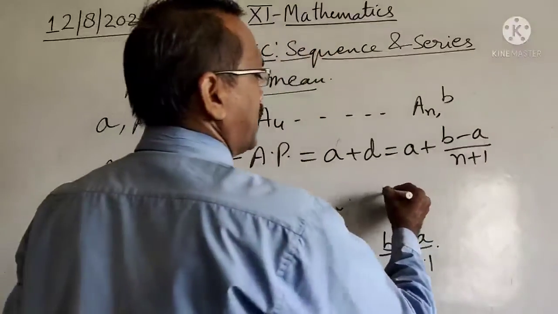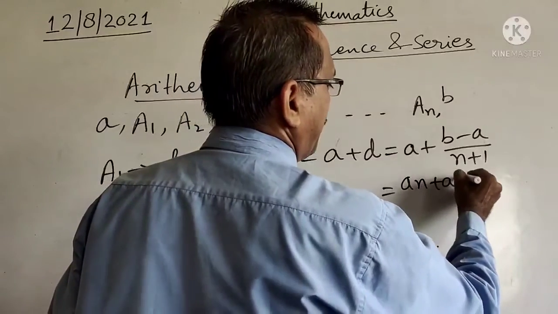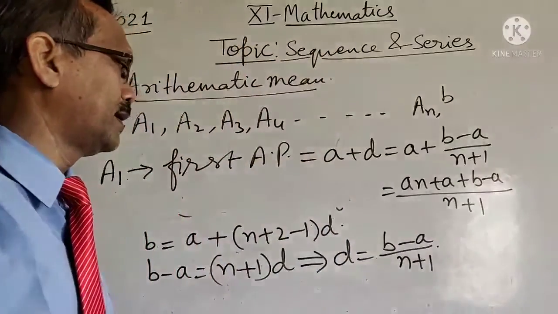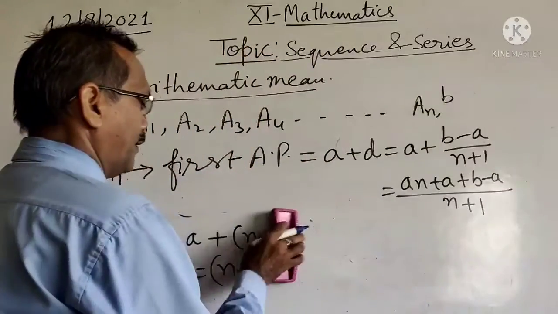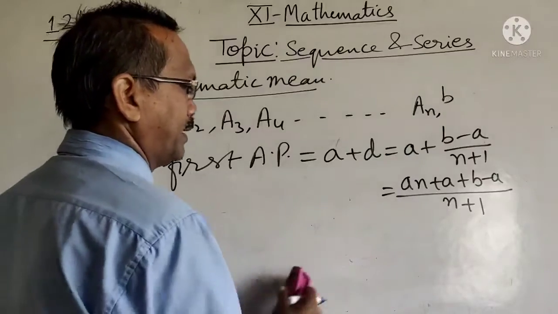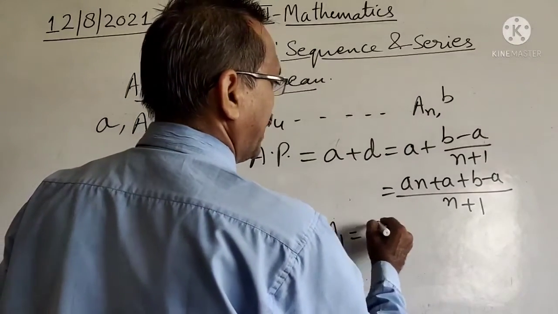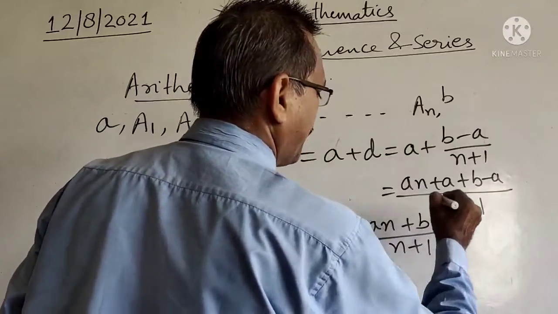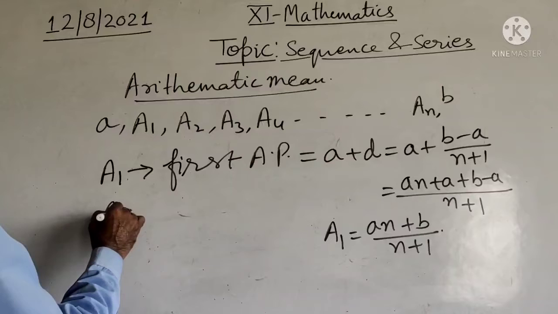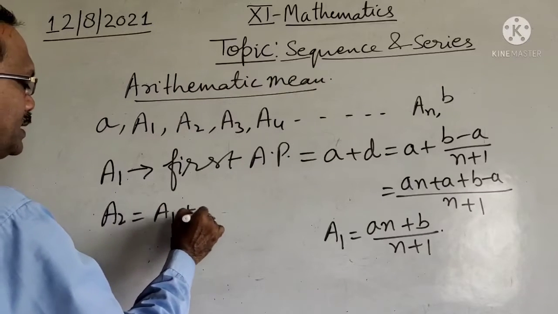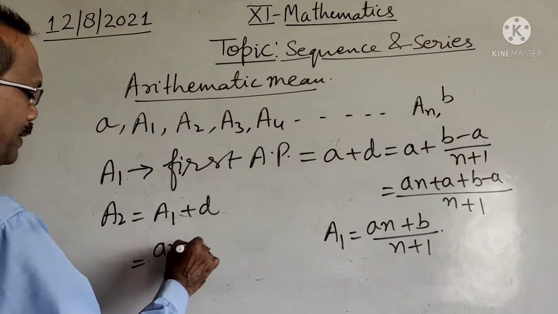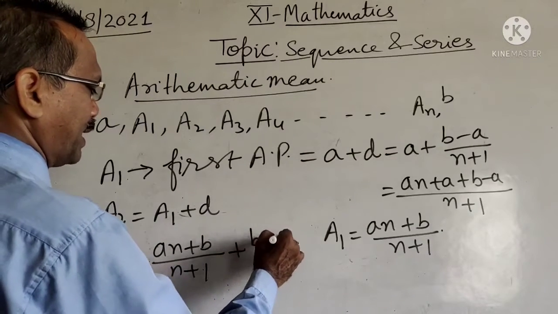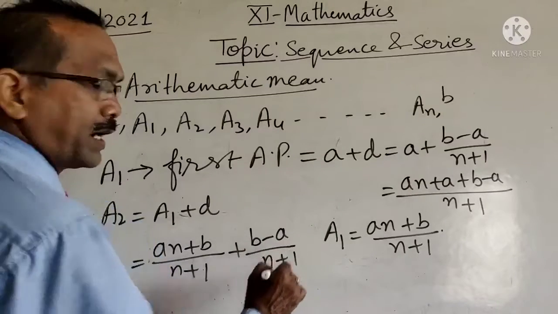Now we will take the LCM. So it is (An plus A plus B minus A) upon (n plus 1). Then first arithmetic mean A1 is (An plus B) upon (n plus 1). Similarly, we can find A2. It is A1 plus D, and it is (An plus B) upon (n plus 1) plus D, which is (B minus A) upon (n plus 1).